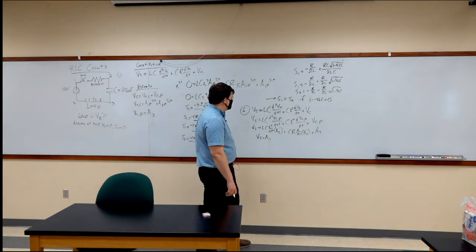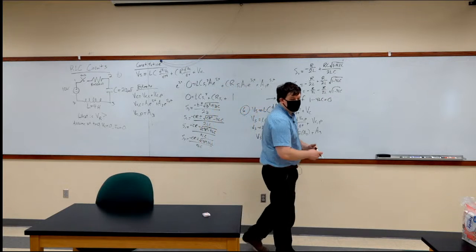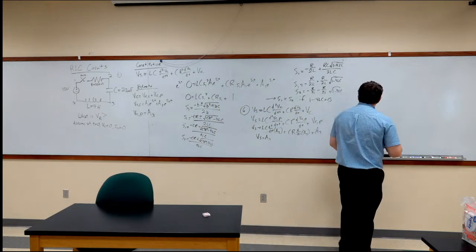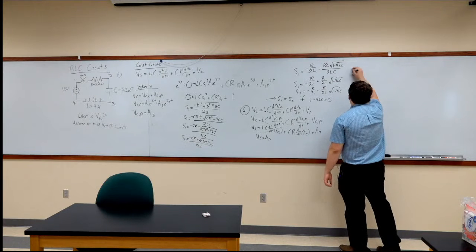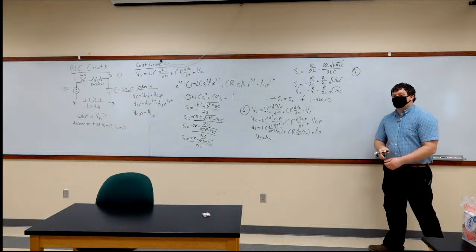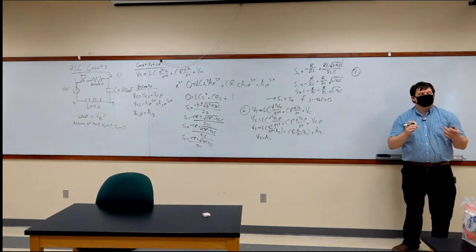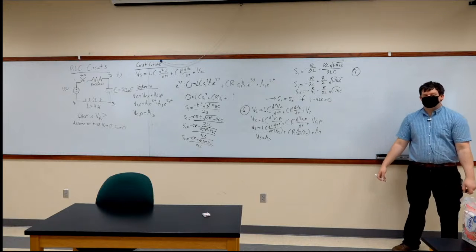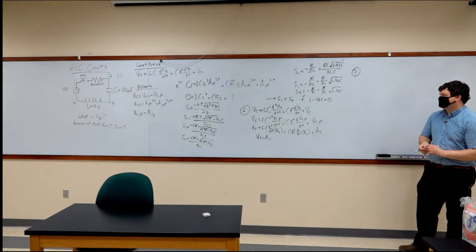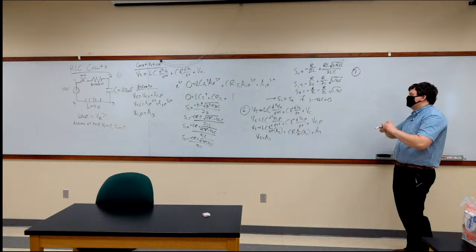Okay, so now we've solved 6. Now we only have one step left. 7. We've got to figure out what A1 and A2 are. And we do that by putting in our initial conditions. So step 7 is your initial conditions step. Okay?